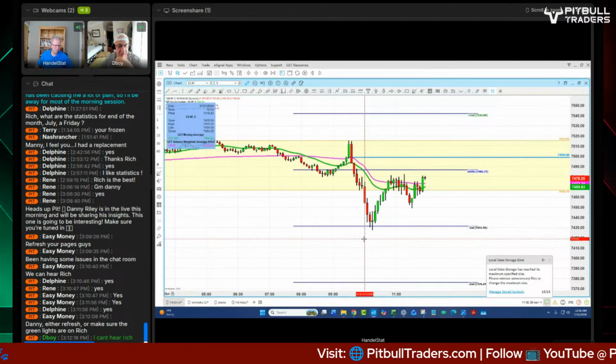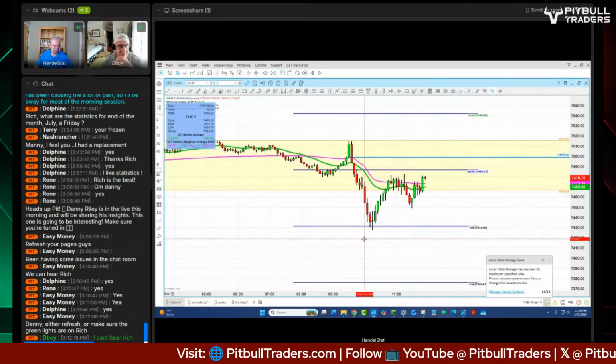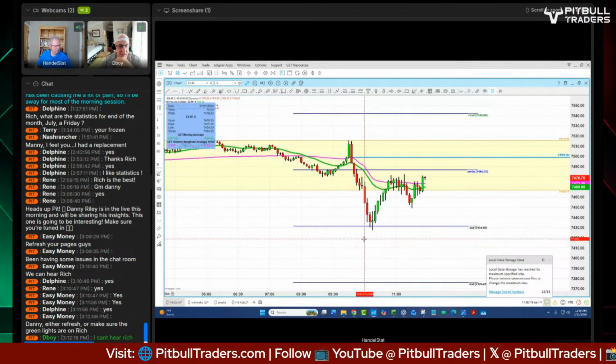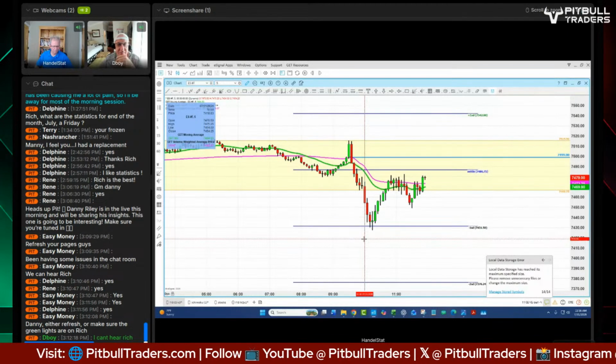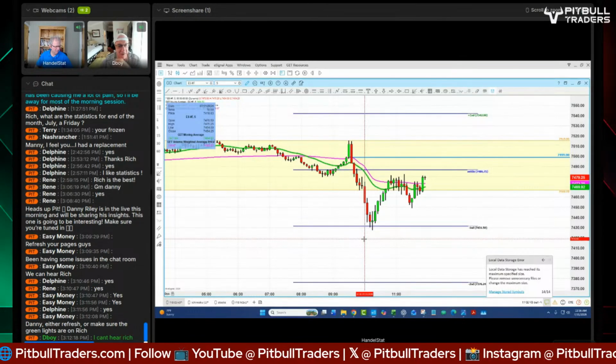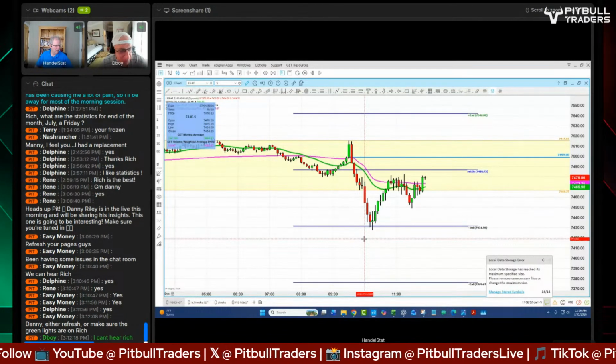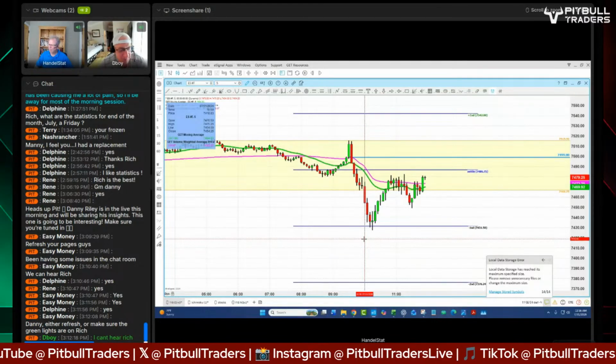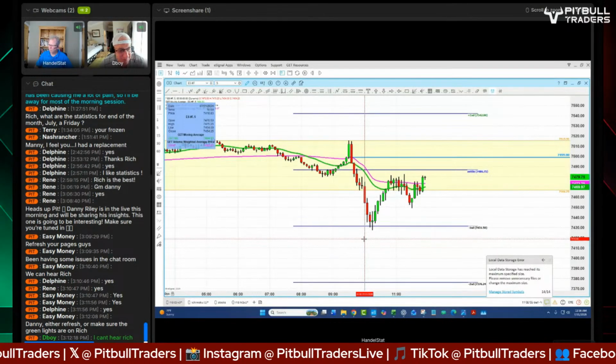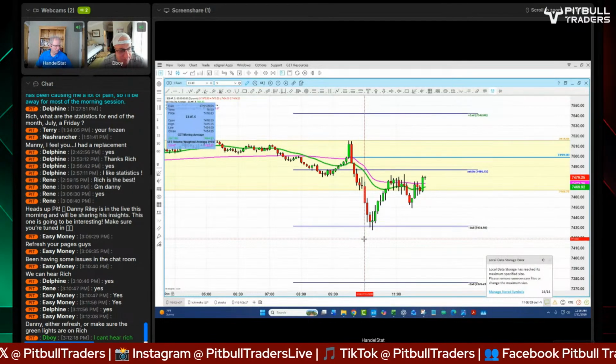I bought puts for $1 and sold them for up to, I think, 4.70. And where'd they go after that? $10. Oh, fuck. Sell half and hold half. Well, I sold them from 3.50 to 4.70, and I was happy.